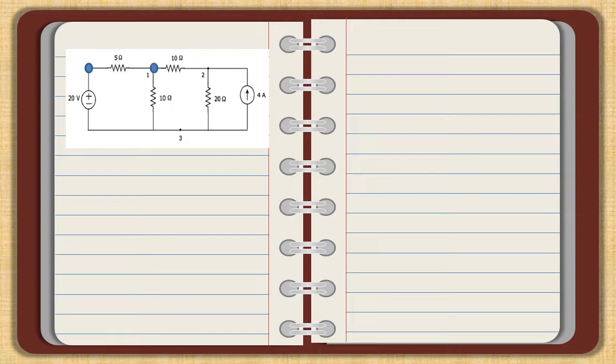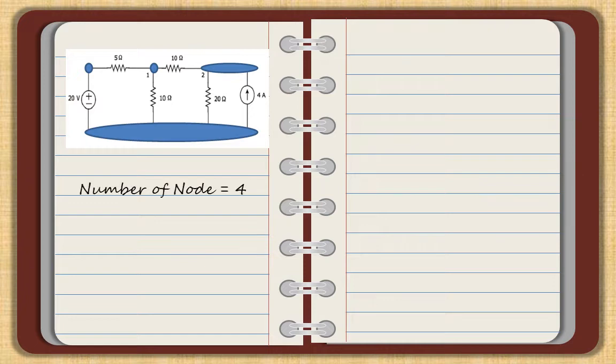Another node is the common point of the three resistors. Another is the common point between two resistors and the current source. And finally, another node is the common point of the four elements. Therefore, in this circuit, the number of nodes is equal to 4.